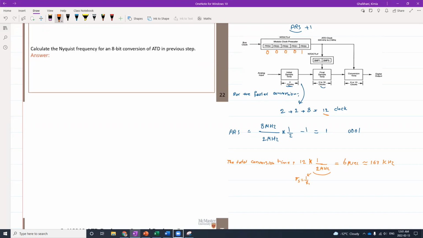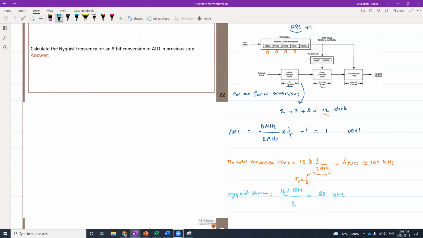Now, remember we had the Nyquist theory. From that Nyquist theory, I can now simply say 167 kilohertz over 2 is going to be 88 kilohertz.